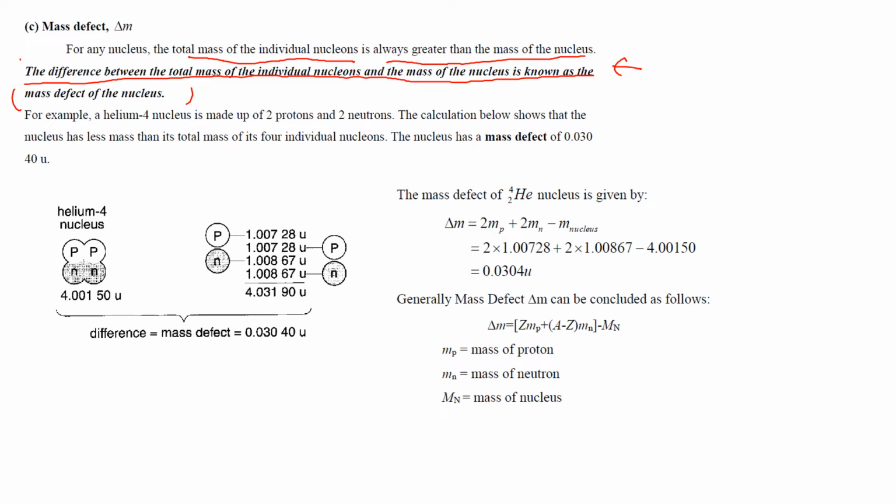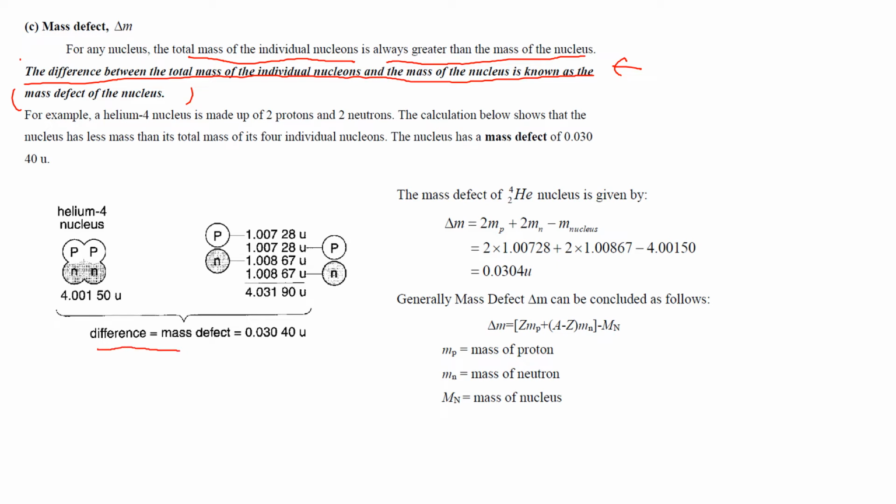As you can see, the nucleus has less mass than the total mass of the 4 individual nucleons.